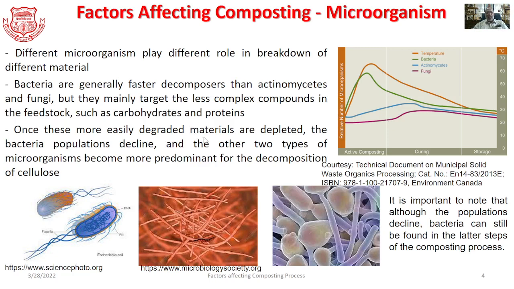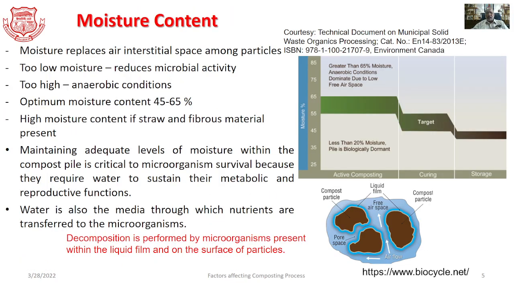Once these easily degraded materials are consumed, the bacterial population will decline, and accordingly the actinomycetes as well as fungi will take over. They become more predominant, and they will be responsible for the degradation of cellulose as well as lignin-like material.